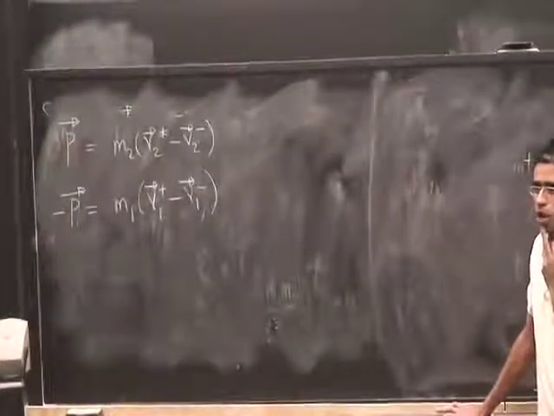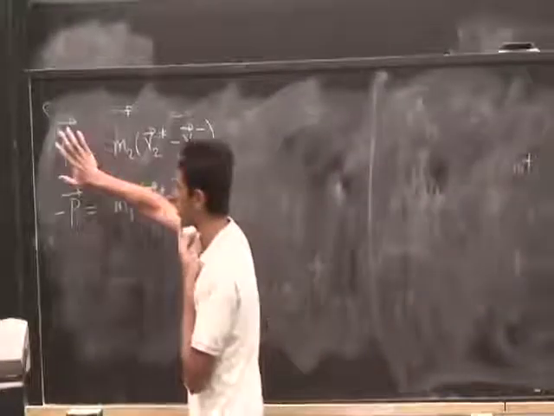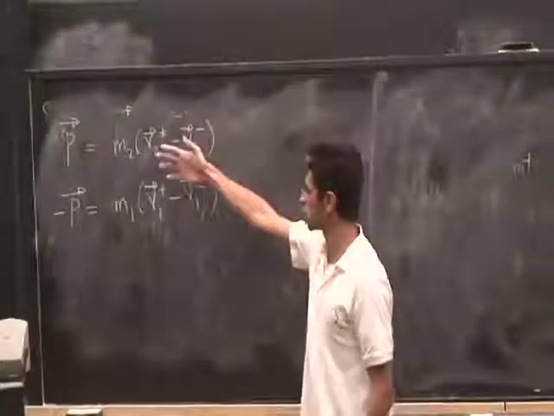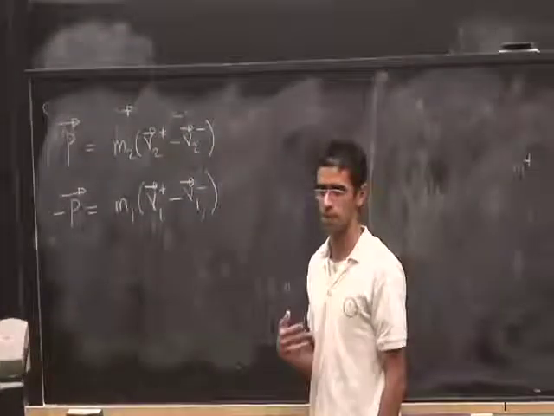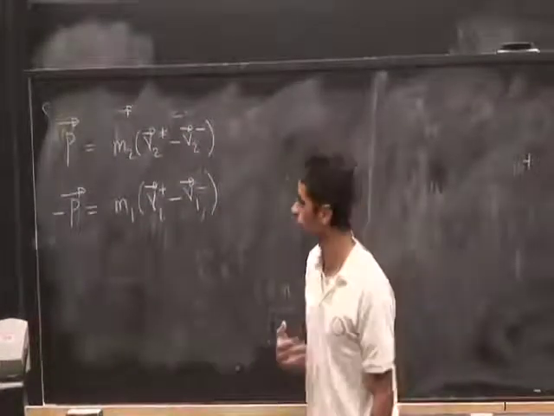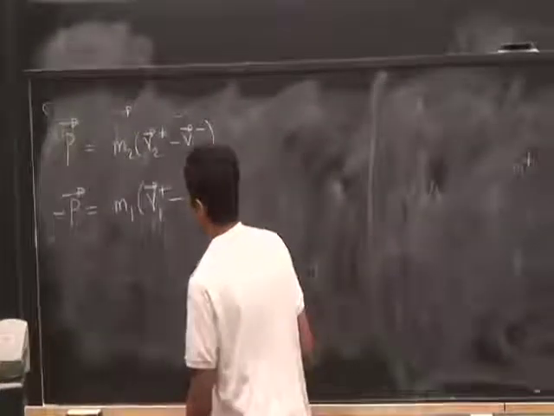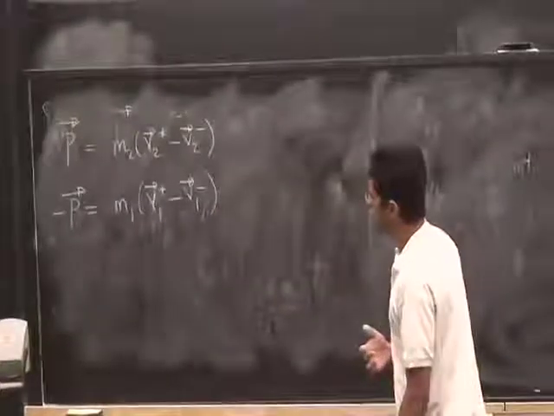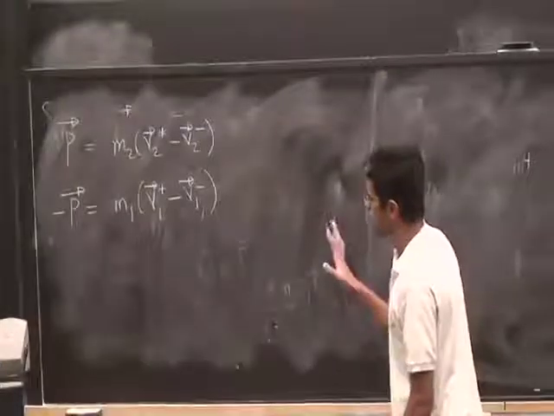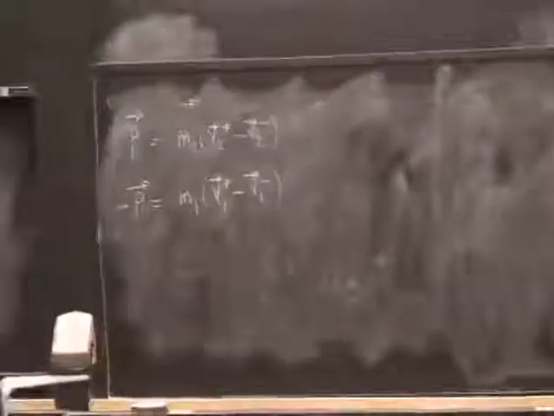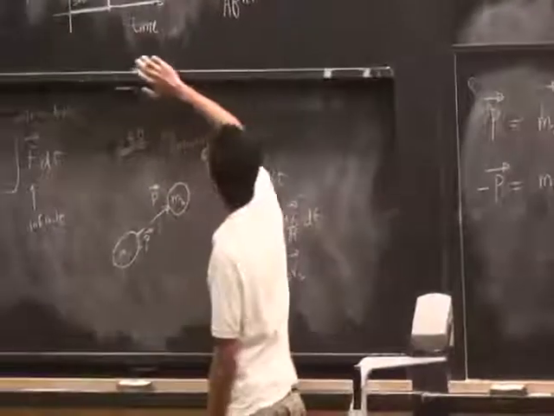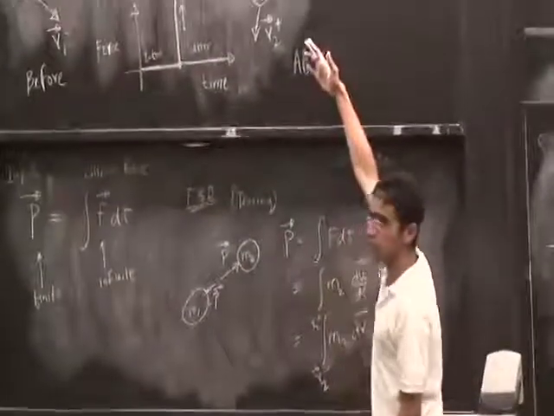Okay, so what is the impulse? This is the impulse, and how do you calculate it? If you know the velocities before collision and velocities after collision, then you can find what the impulse is. Okay, so in this particular scenario, what typically happens is you typically know what the velocities before collision are, and you do not know what the velocities after collision are.